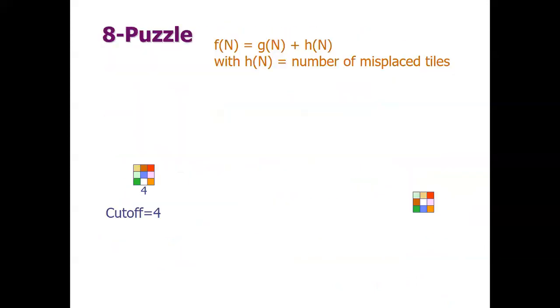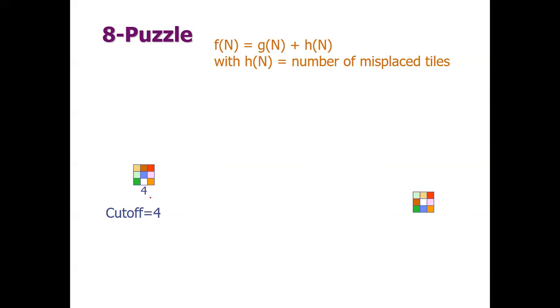So here is another example for the 8 puzzle problem. We have discussed contour state space, or IDA star, where there will be a cutoff value.